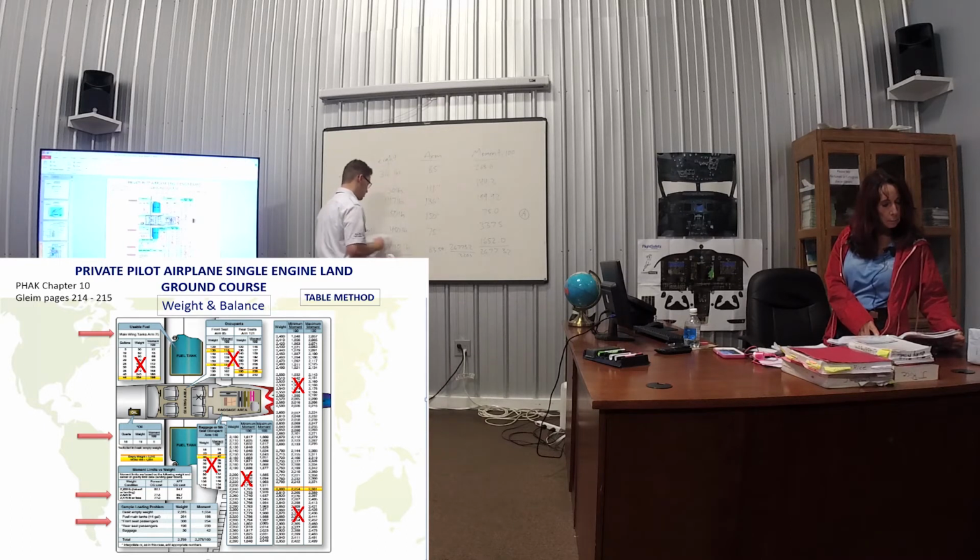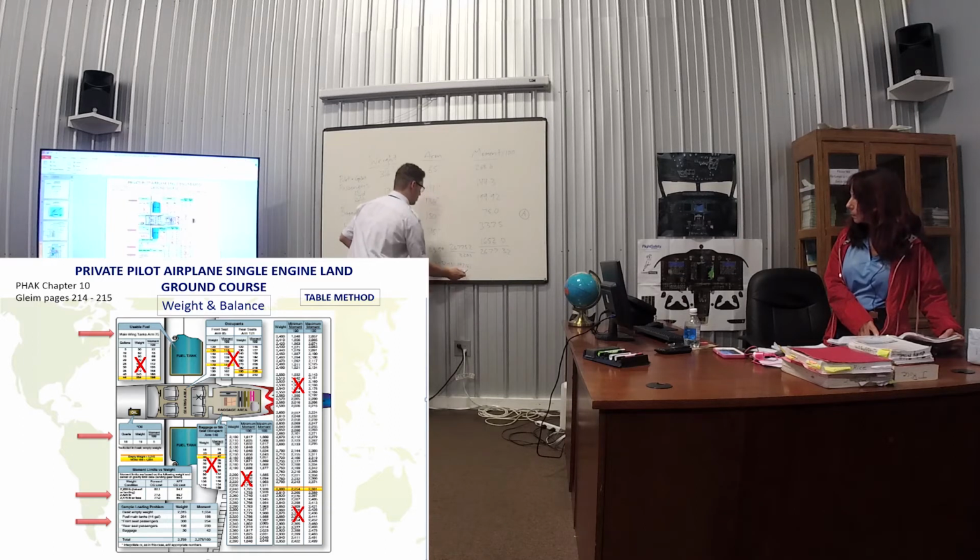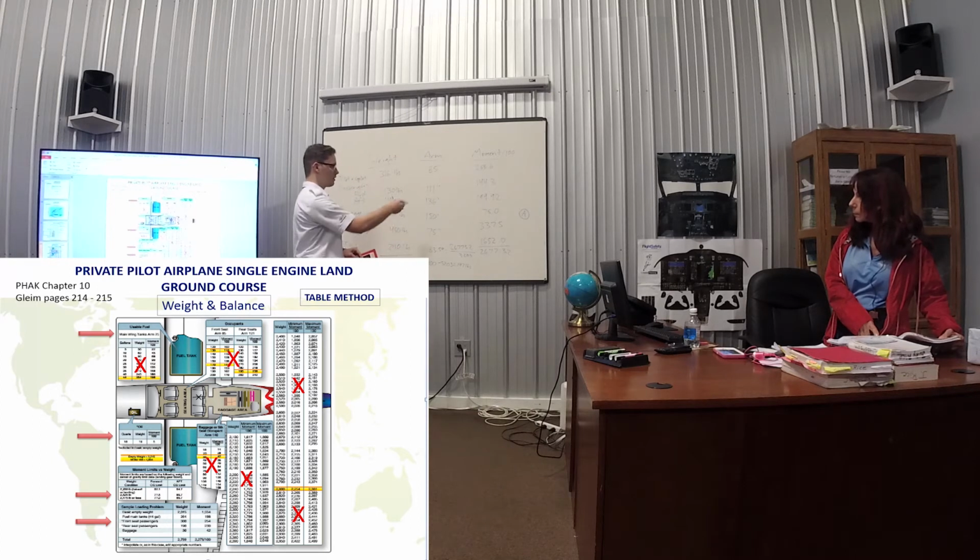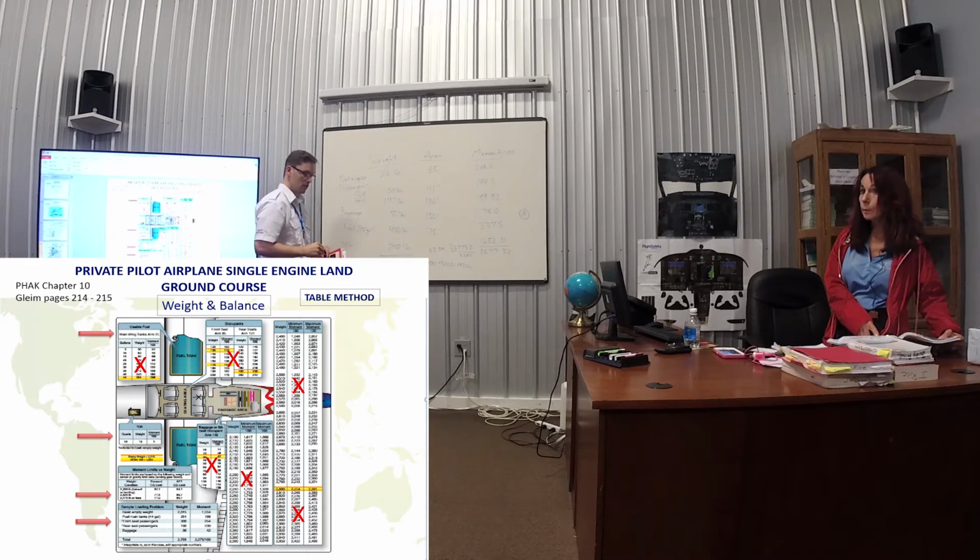So let's write that up. There's the weight that we're under, and that's our CG. And that's what option 8 says. Very good. Again, a lot of work.